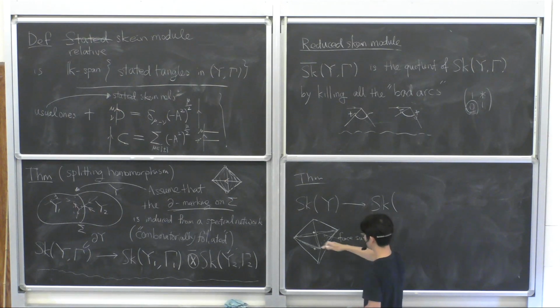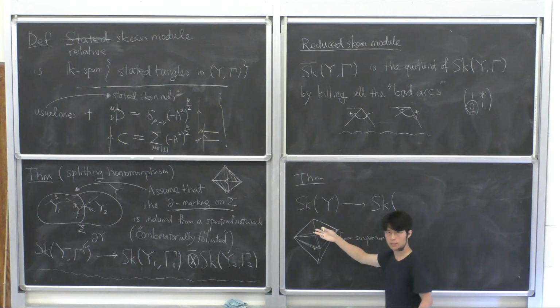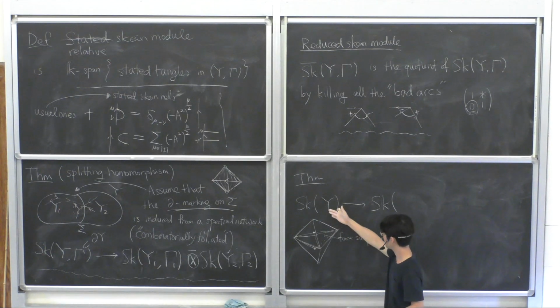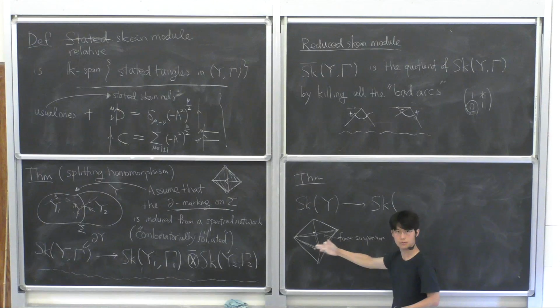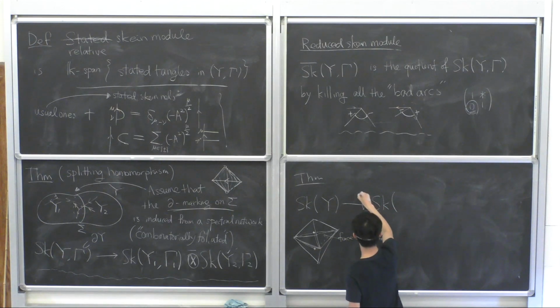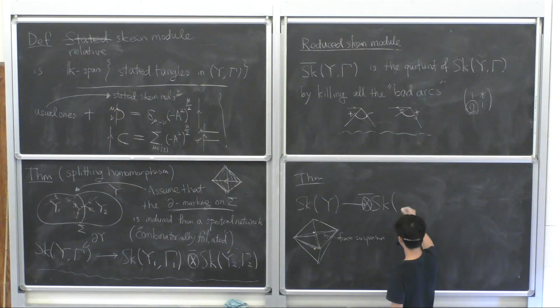It is easy to see that once you're given an ideal triangulation, we can chop a three-manifold into these face suspensions, one for each face. So we get a splitting map, mapping it into a bunch of these face suspensions. Let me denote by SF the suspension of a face F.